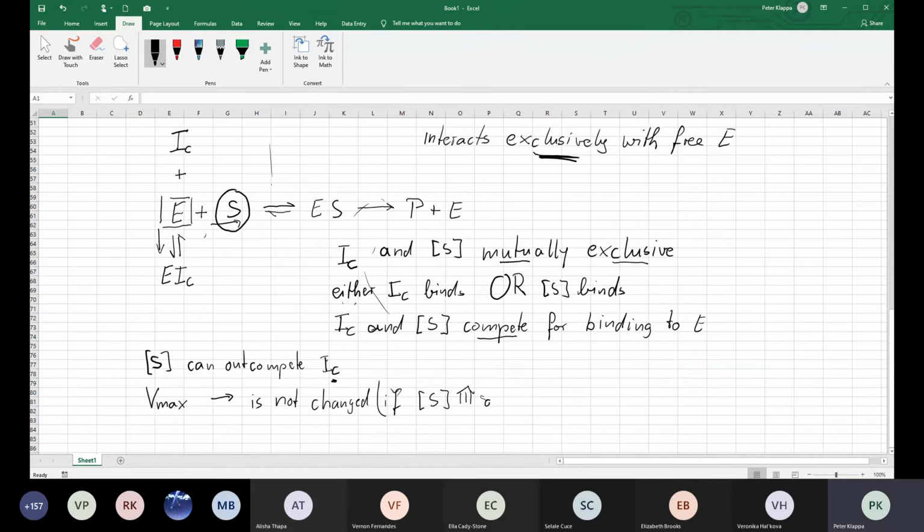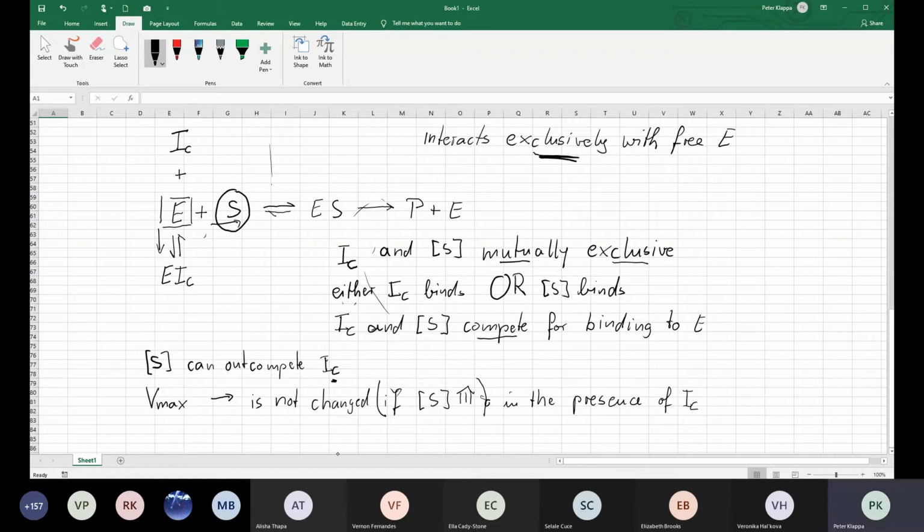So that's Vmax basically, in the presence of a competitive inhibitor. So if we have a competitive inhibitor, it does not do anything to Vmax.